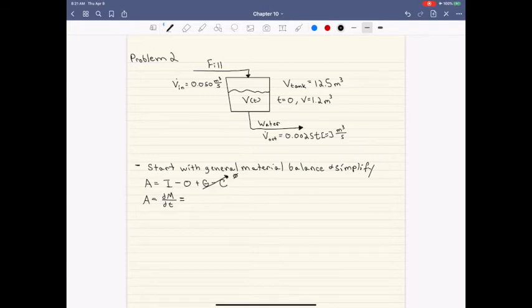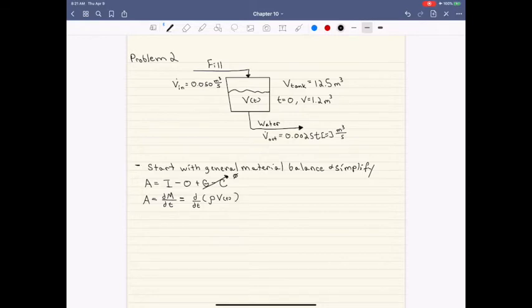And so we want to rewrite this mass term in terms of the volume of water in the tank. And the way we could get that is because we know that the relationship for a liquid between mass and volume is that the mass is just equal to the density of the liquid times the volume of the liquid. And I'll write that the volume is a function of t for extra emphasis.